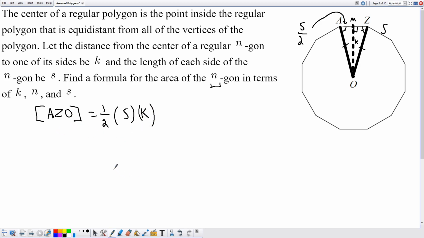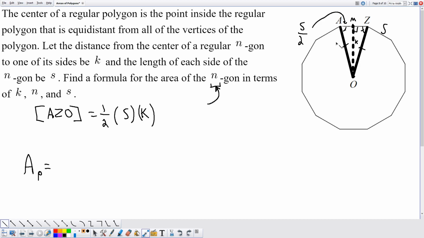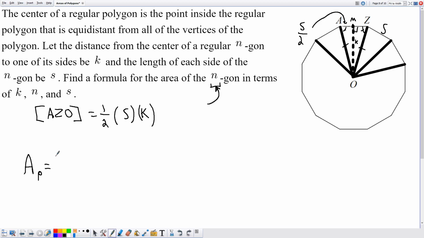Now again, in our polygon, since each triangle is being made out of a side length of that polygon, and we're assuming that there's n sides, to find the area of the polygon, P, I have to multiply it by the number of triangles in the diagram, which is n. If you think back to the previous problems, like when we did a hexagon, there were 6 triangles in a hexagon because there are 6 sides, and therefore an n-gon has n triangles in it.